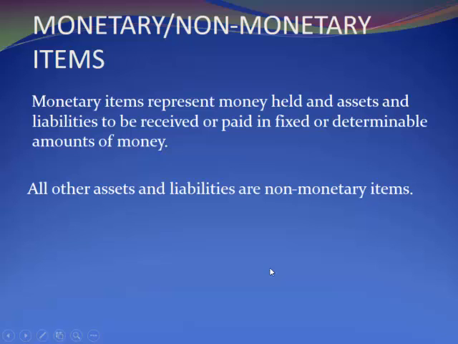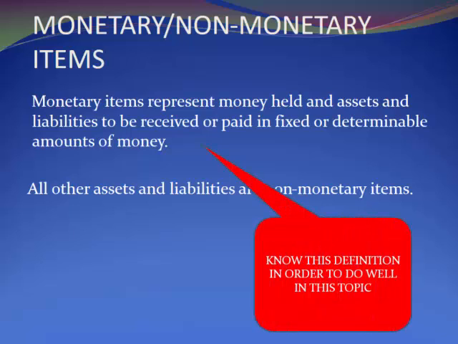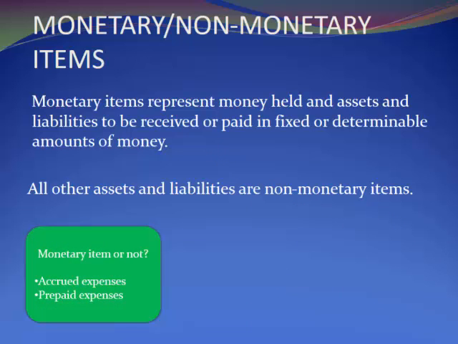Monetary and non-monetary items. Monetary items represent money held and assets and liabilities to be received or paid in fixed or determinable amounts of money. All other assets and liabilities are non-monetary. Now this is very, very important that you know this definition so that you can apply it when you have to do currency. Your next question: is the following a monetary item or not?